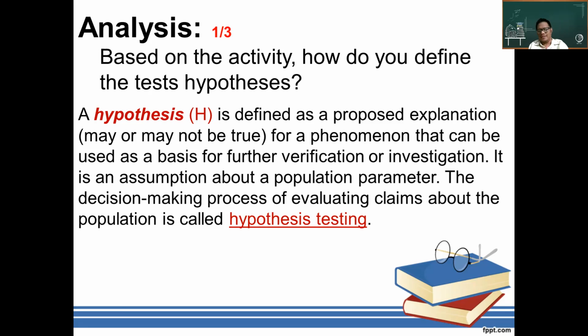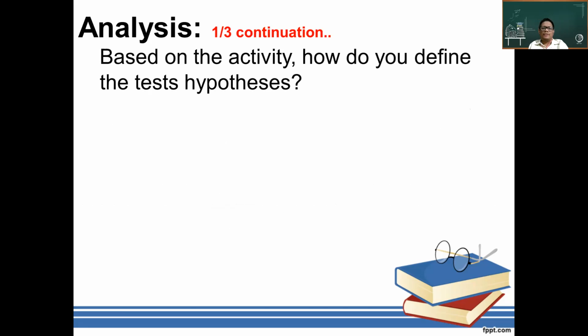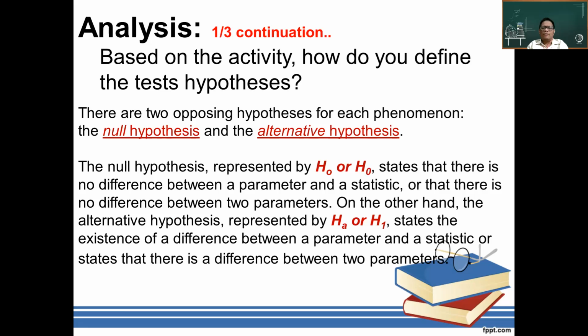Okay, continuation. We have two types of hypothesis. What are the two types? The null hypothesis and the alternative hypothesis.